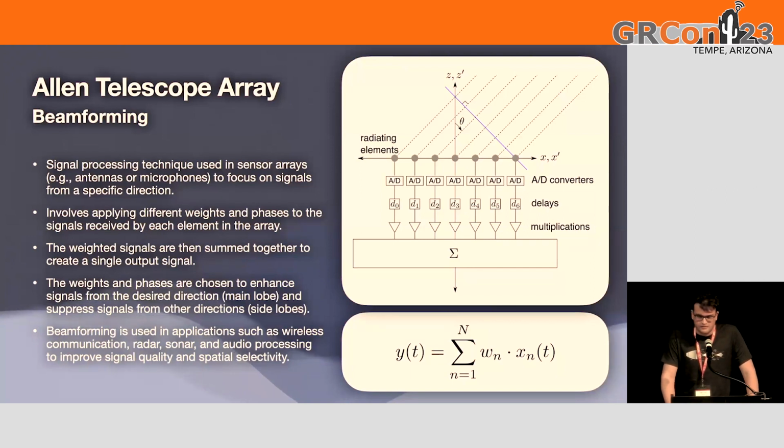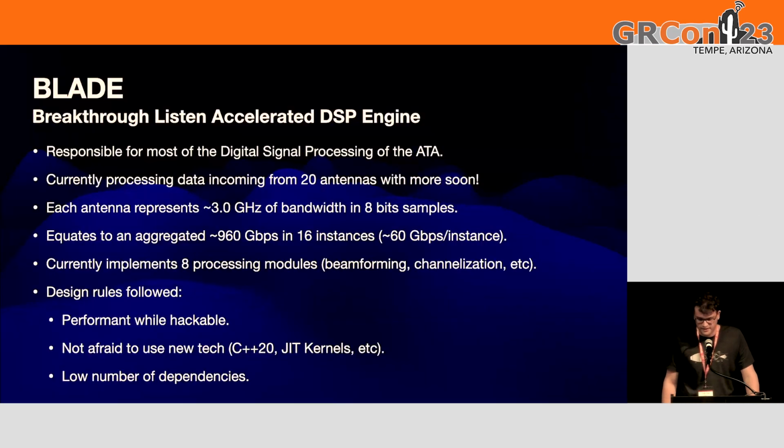And that's what our beamforming is doing. It's accounting for this difference and also trying to steer away from RFI and other unwanted signals that can leak through our antenna. So that's where Blade runs.